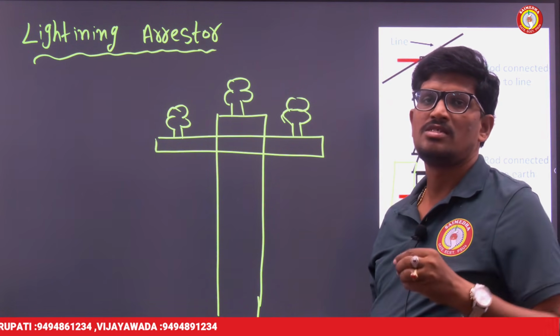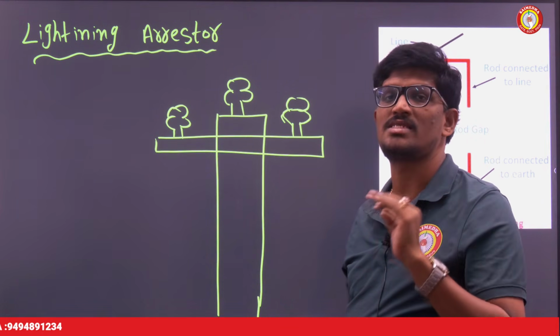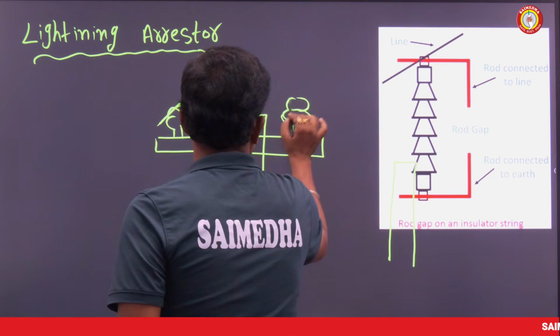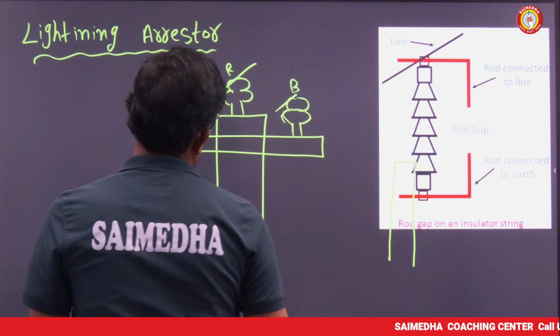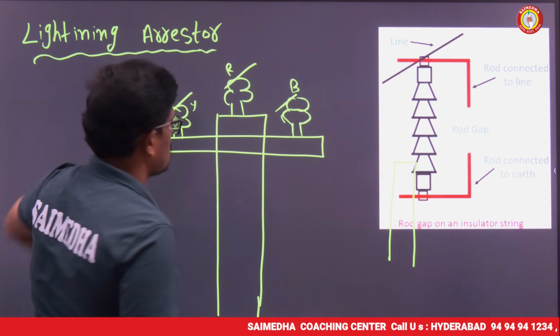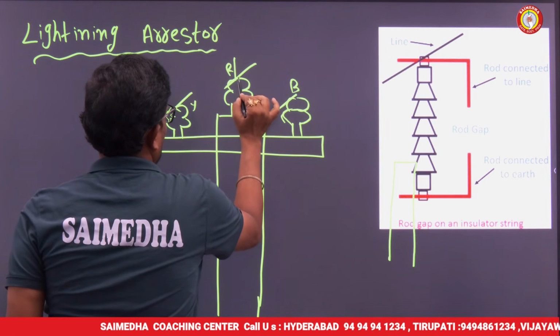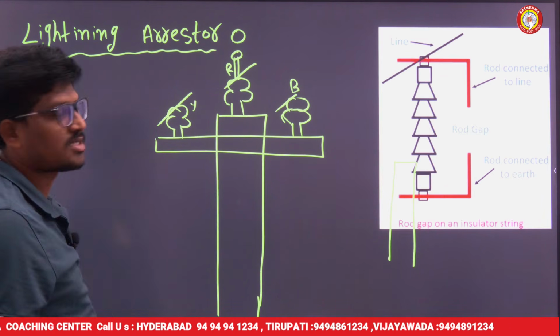Suppose these are the three phases R, Y and B. Of these three phases, the top phase is the R phase. Over the R phase we provide one lightning arrestor like this.